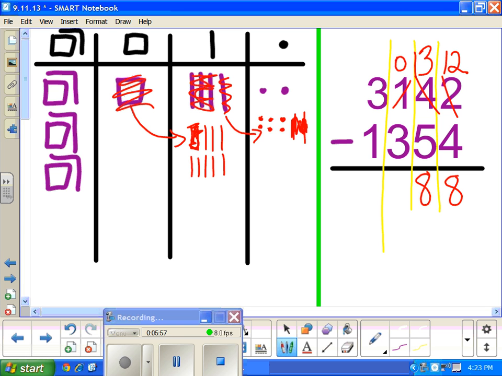As we move to the hundreds place, we have no hundreds there now, but we have to take 3 hundreds away. Before we can take 3 hundreds, we need some hundreds, and we can get hundreds from the thousands place by taking that 1,000, and that 1,000 divided into hundreds is equal to 10 flats.